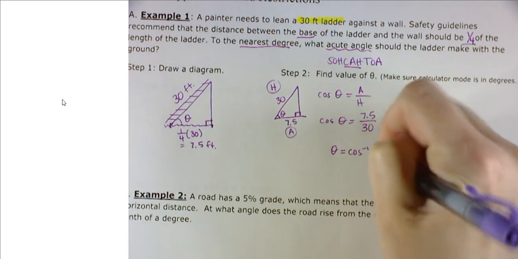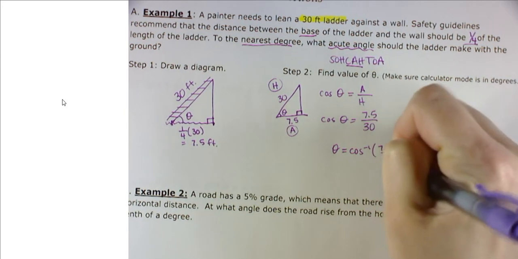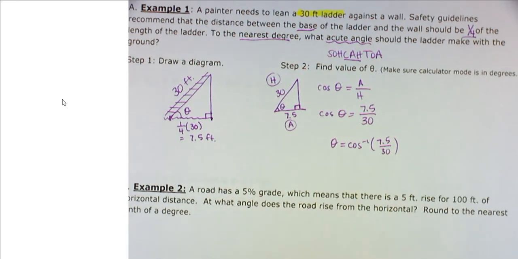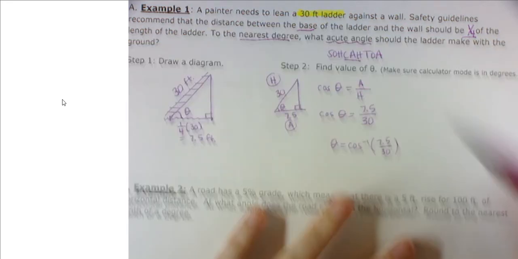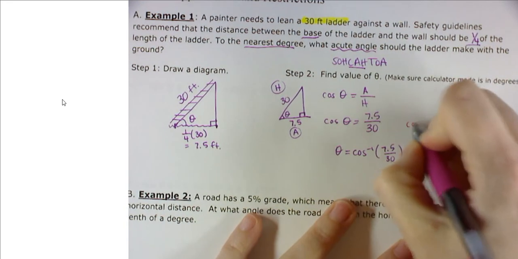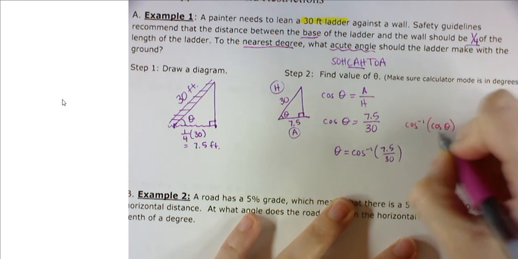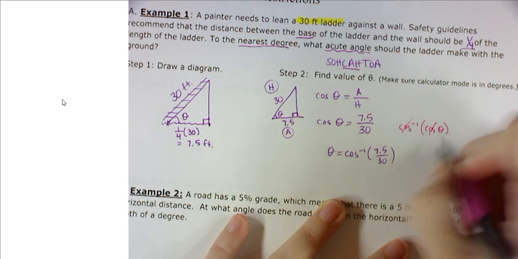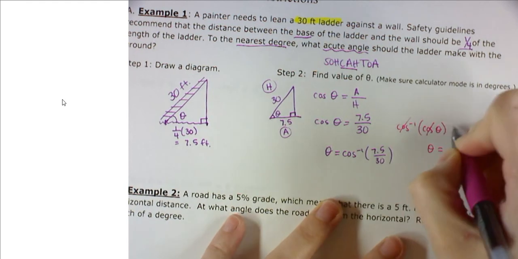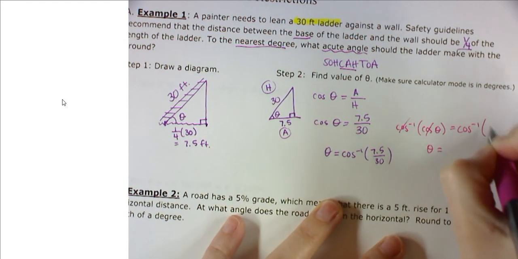This is to find the angle. Really, what's happening is you are doing the cosine inverse of each side. So if you did the cosine inverse of cosine, those would cancel out and you'd be left with theta. And then when you do the cosine inverse of 7.5 over 30, you're going to find that angle measure.